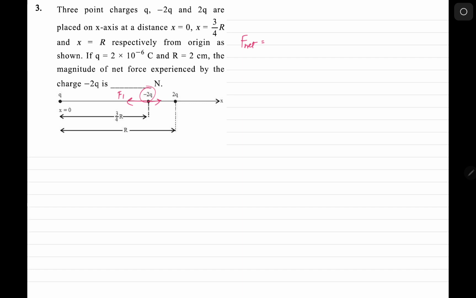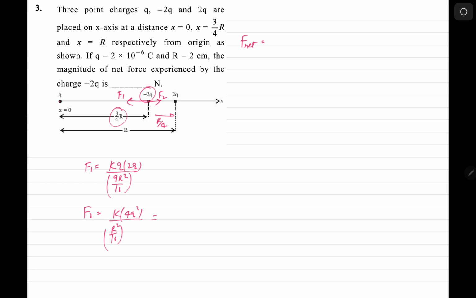So let's write F1, F2 here. First F1. What is F1 here? k Q 2Q by 9 r square by 16, the distance between q and minus 2q, and F2 is k 4q square divided by this, which is r by 4, r square by 16.